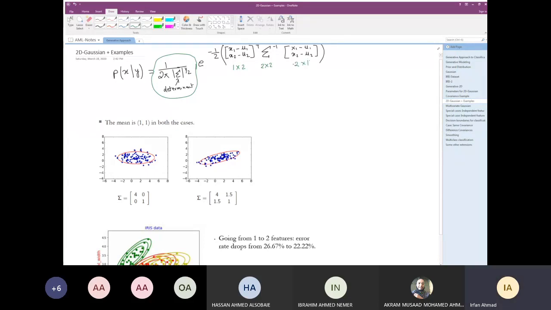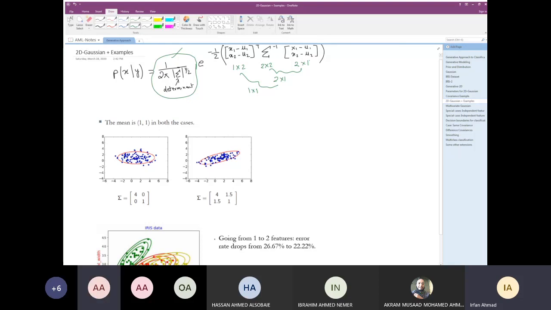If you do this calculation, multiplying the 1 times 2 vector, the 2 times 2 matrix and the 2 times 1 vector, you get 1 times 1. And then you have the minus half there. E to the power of minus half times a scalar value is still a scalar value, and this whole thing is also a scalar value, you can see, right?